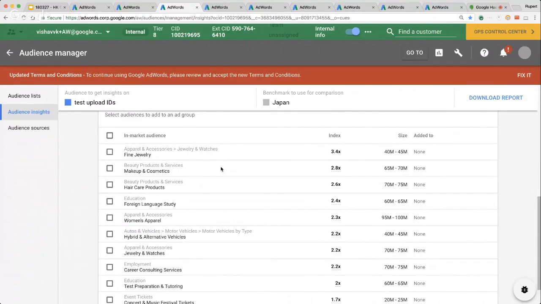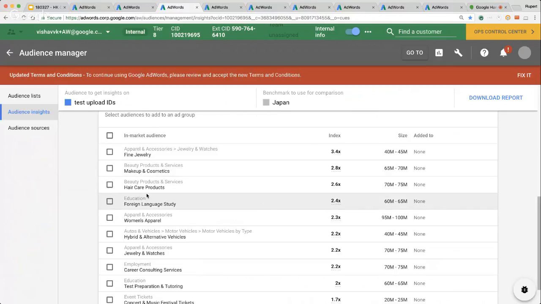Our system uses different kinds of data signals and machine learning to help our advertisers find the most relevant in-market audiences. Some are very intuitive, some are not. You can see here that this is a jewelry type of client, so quite a lot of in-market audiences are related to jewelry, cosmetics, healthcare.